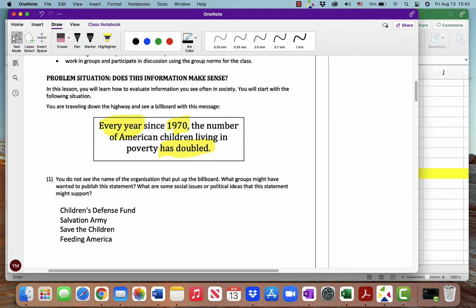Just remove the words every year, and then it would make sense. I mean, it just doubled one time. So there were several thousands of children living in poverty in 1970, and that number got multiplied by 2 one time. And that would possibly make sense. Alrighty, and that concludes the first lesson.